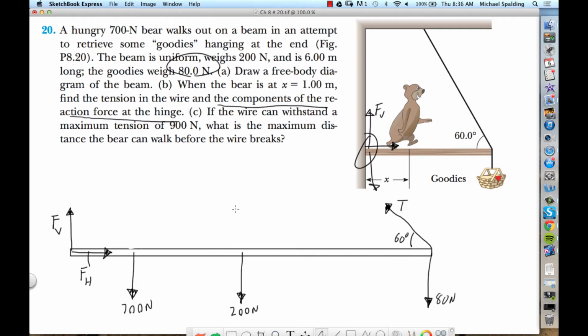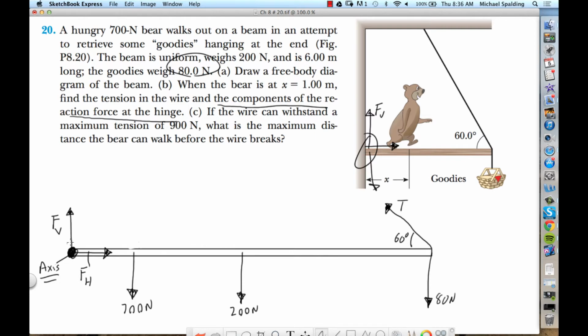So take my advice. When you have a situation like this where there's no obvious axis, where do you place the axis? At the point where you have the most unknown forces. So here, at this point right here, we don't know force vertical, we don't know force horizontal. That's two unknown forces. Make this point the axis.